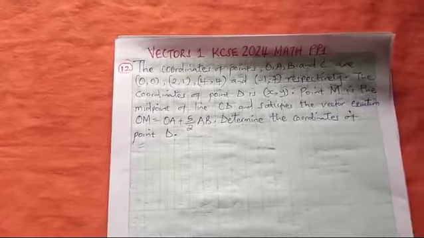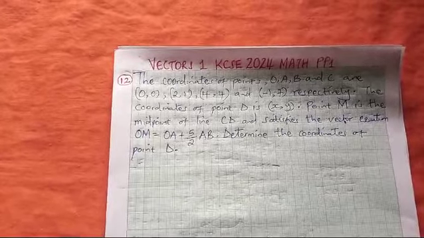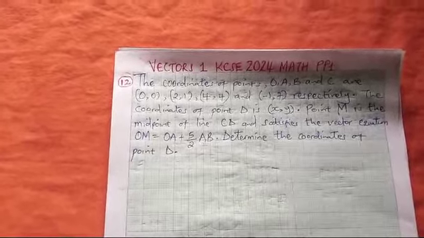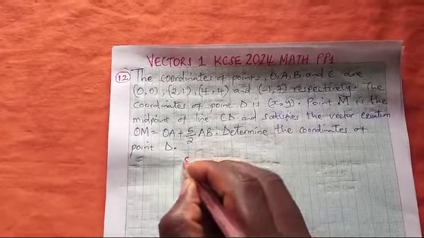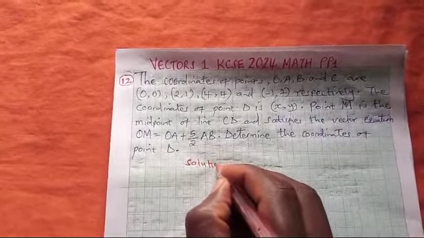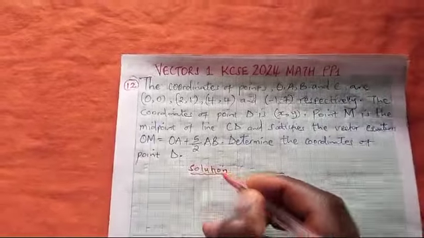Determine the coordinates of point D. Specifically, this one is about the midpoint of a vector. So we are going to solve this equation by giving a solution.